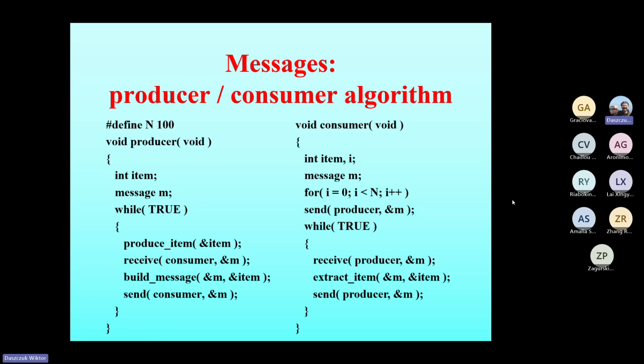So it sends n empty messages to the producer. And in an infinite loop, the consumer receives a message from the producer, extracts an item from the message, and sends the message back to the producer.